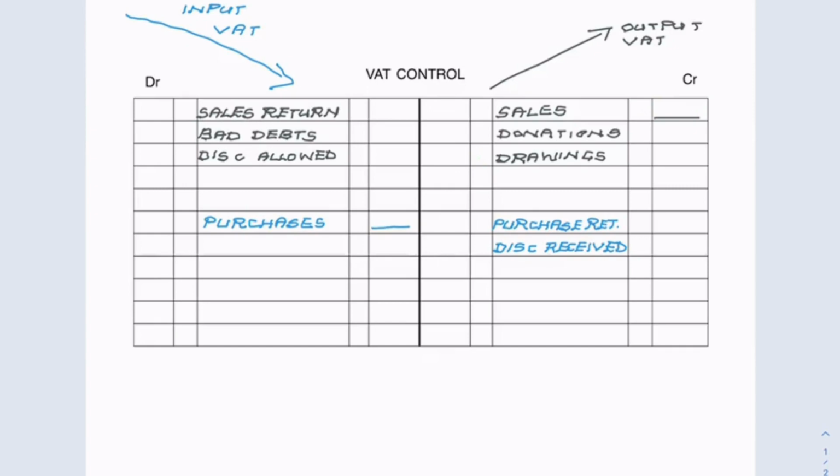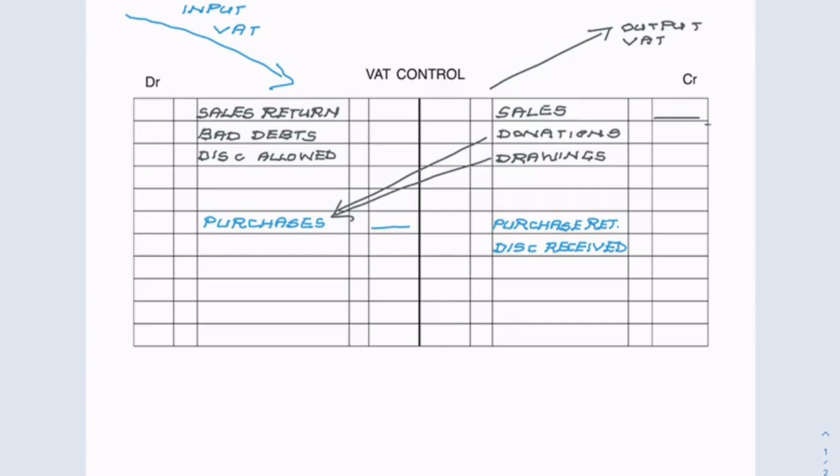So SARS says that's fine, not a problem. But what you've got to do is you've got to pay me back the input VAT that you claimed on any goods that you donate or that are taken as drawings.